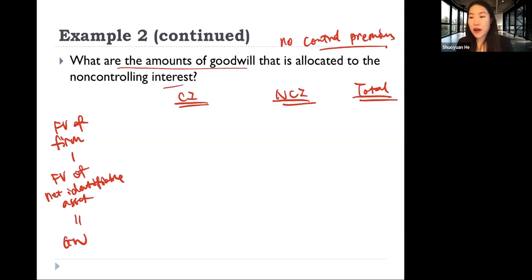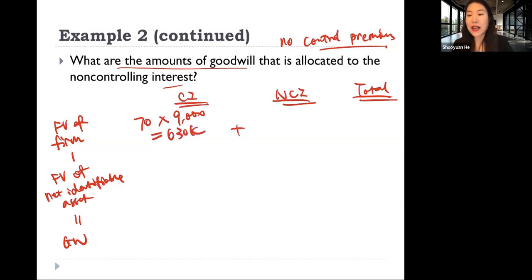The fair value of the firm is the consideration transferred, which is $70 per share multiplied by 9,000 shares. So that's 630,000.